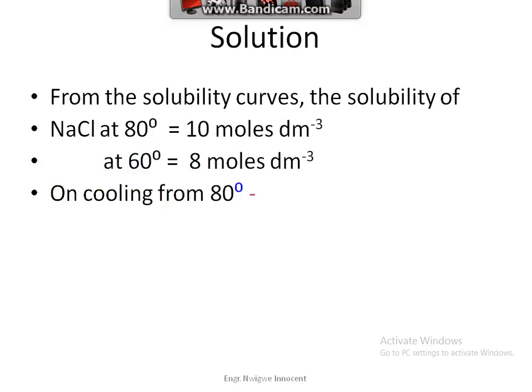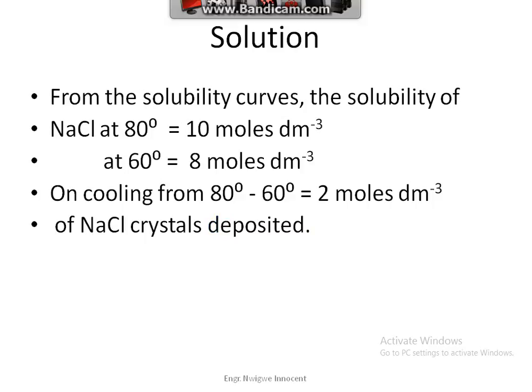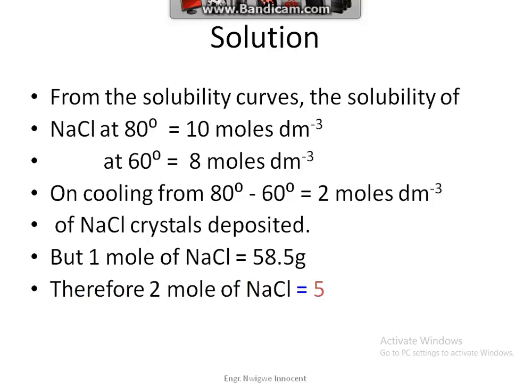On cooling from 80 degrees to 60 degrees is equal to 2 moles per dm cube of sodium chloride crystal deposit, but 1 mole of sodium chloride is equal to 58.5 gram. Therefore, 2 moles of sodium chloride is equal to 58.5 times 2, which is equal to 117 gram. Answer is A.